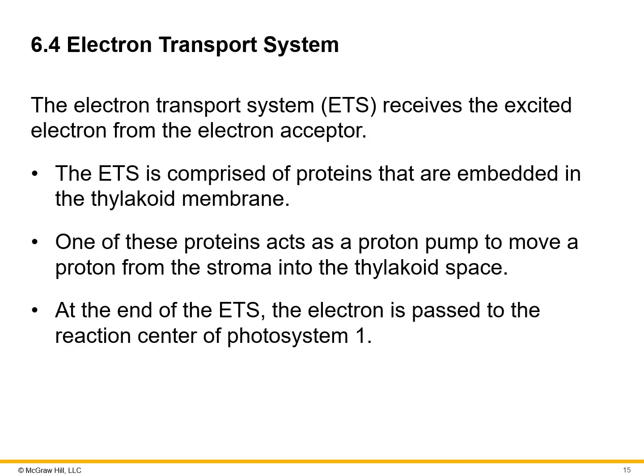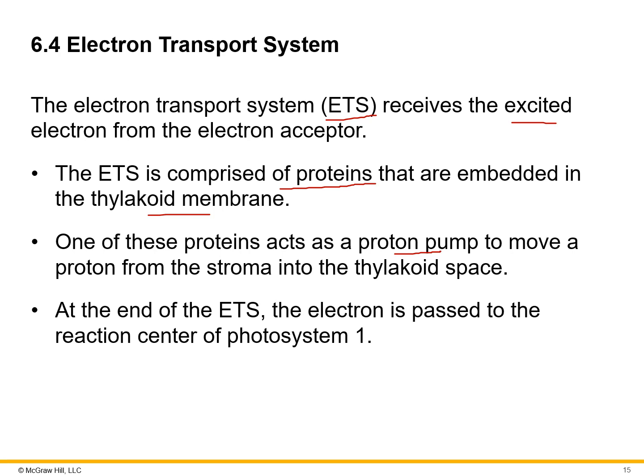All right, now these electron transport systems are very similar to what we talked about with mitochondria and aerobic respiration. They're going to receive those electrons from photosystem 2, and those electron transports have different proteins. They just pass the electron from one to the other, and those are found on the thylakoid membrane. Now, some of those proteins in the transport chain are proton pumps.